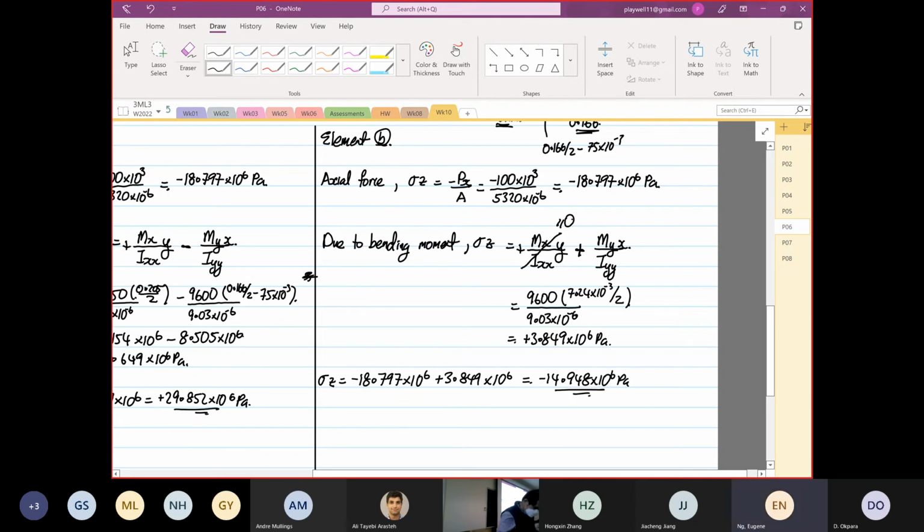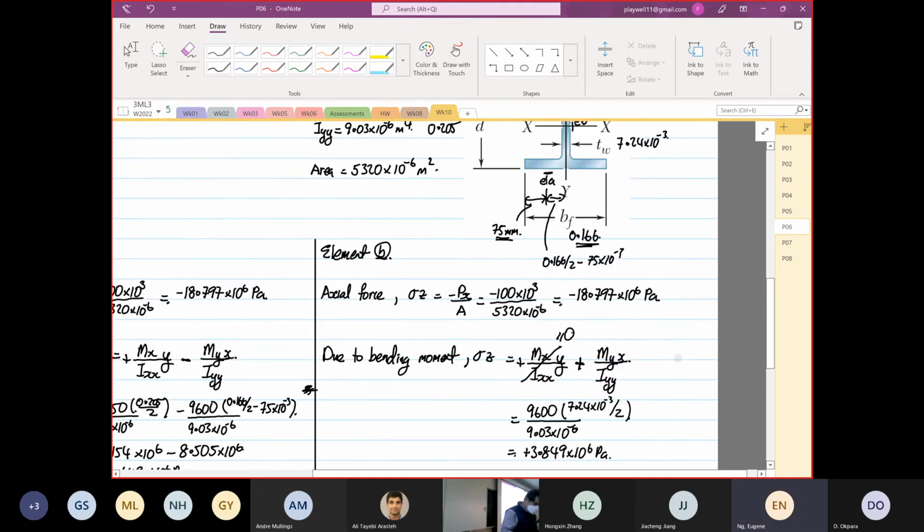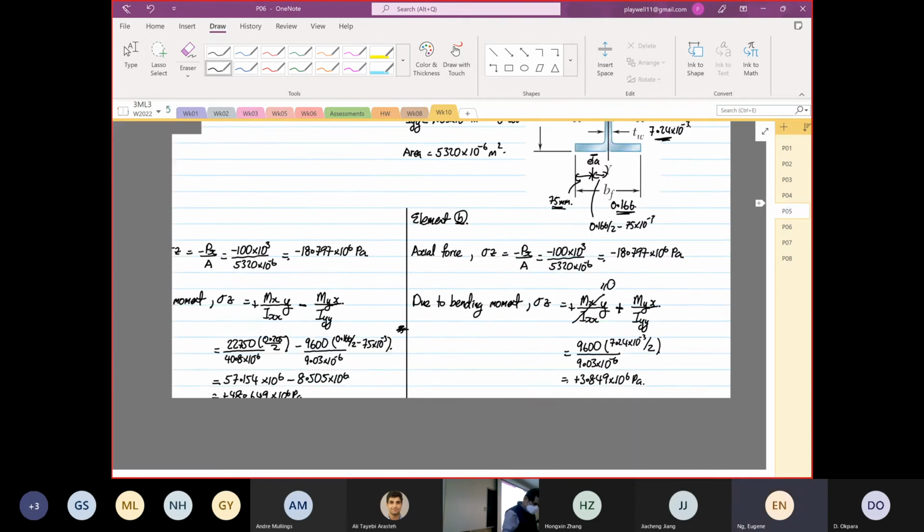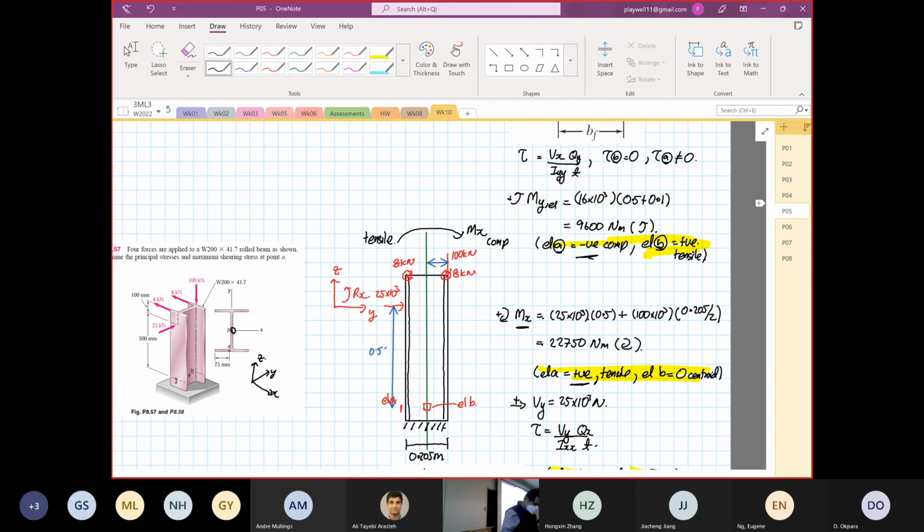Say it again. The x distance over here is 7.24 times 10 to the power minus 3 divided by 2. Yeah, it's on the right side of the centroid, so it has to be divided by 2.